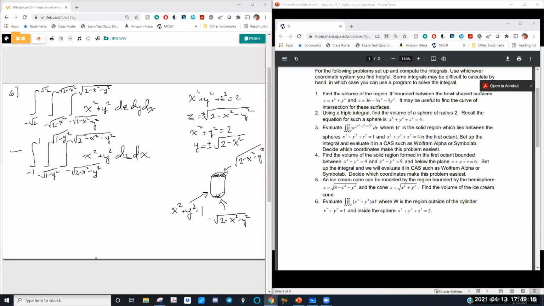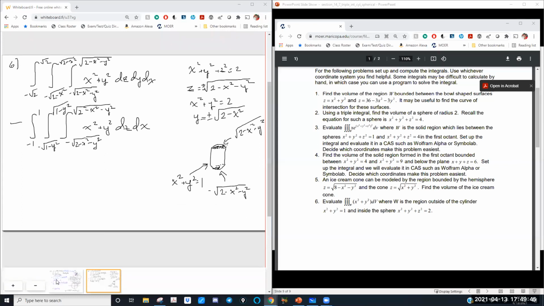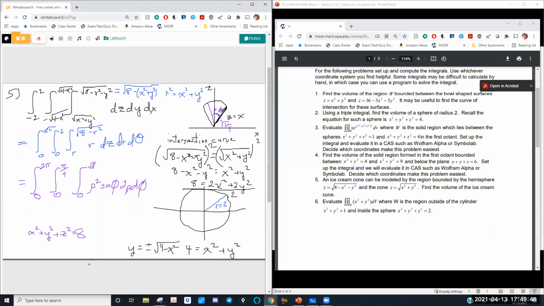Yeah, maybe a quick question. Do you always just start off with rectangular? Is that the only way you can start off on any triple integral, finding the regions, or can you go to cylindrical? Yeah, good question. You want to use whichever system is going to be easiest. I'm going through the order just for comparative purposes, but let's go back to the first one.